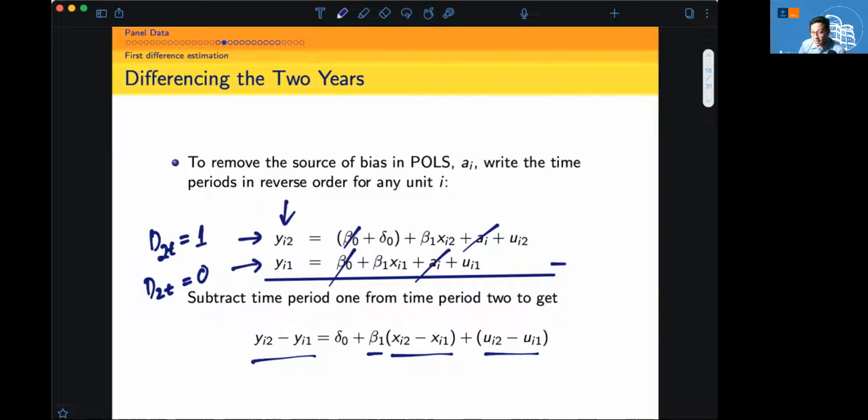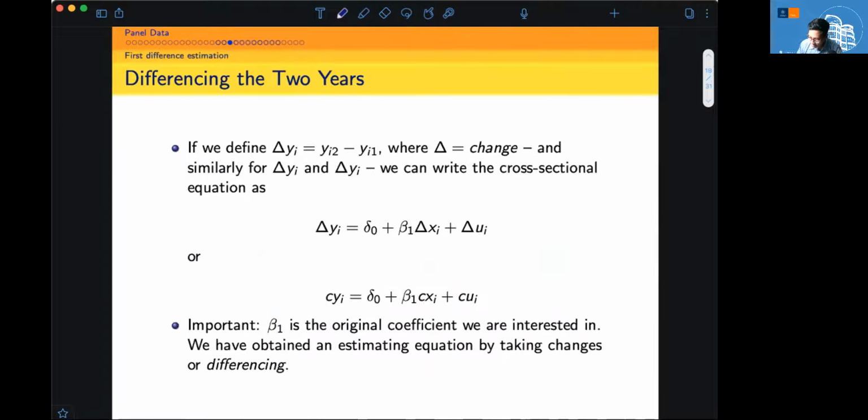Another thing to note is that after the first differencing, there is not going to be any difference in the interpretation of beta 1. The change in the value of the outcome is going to be beta 1 for every 1 unit change in X. So that's the interpretation.